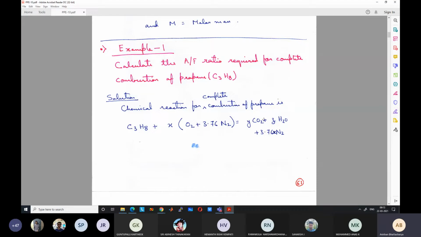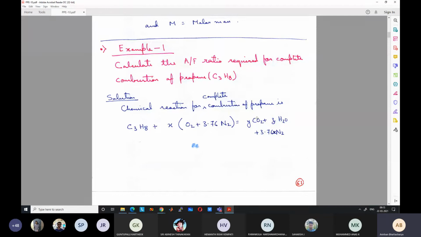If there is incomplete combustion, we will have carbon monoxide also. Some part will be carbon dioxide, some part will be carbon monoxide, and the rest will be H2O. If even less oxygen is present, some carbon will still remain in the form of soot particles, because we cannot form carbon dioxide or carbon monoxide.